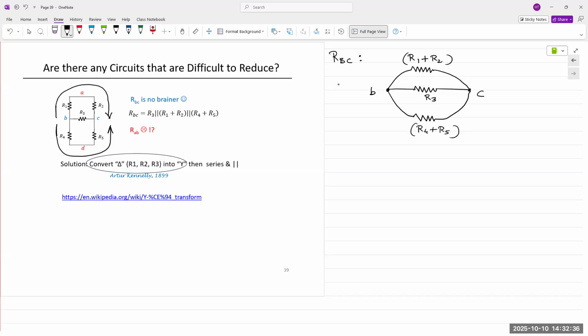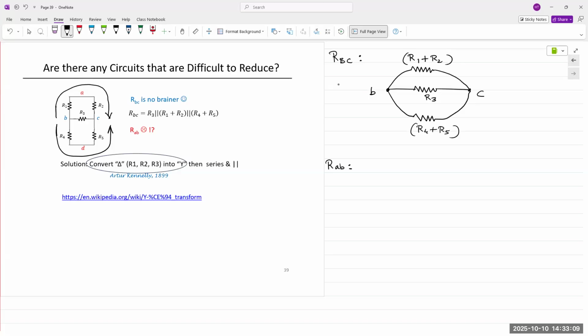So that one is rather straightforward, not that difficult. But how about RAB? RAB. What do y'all think? That's a good guess, but not quite.